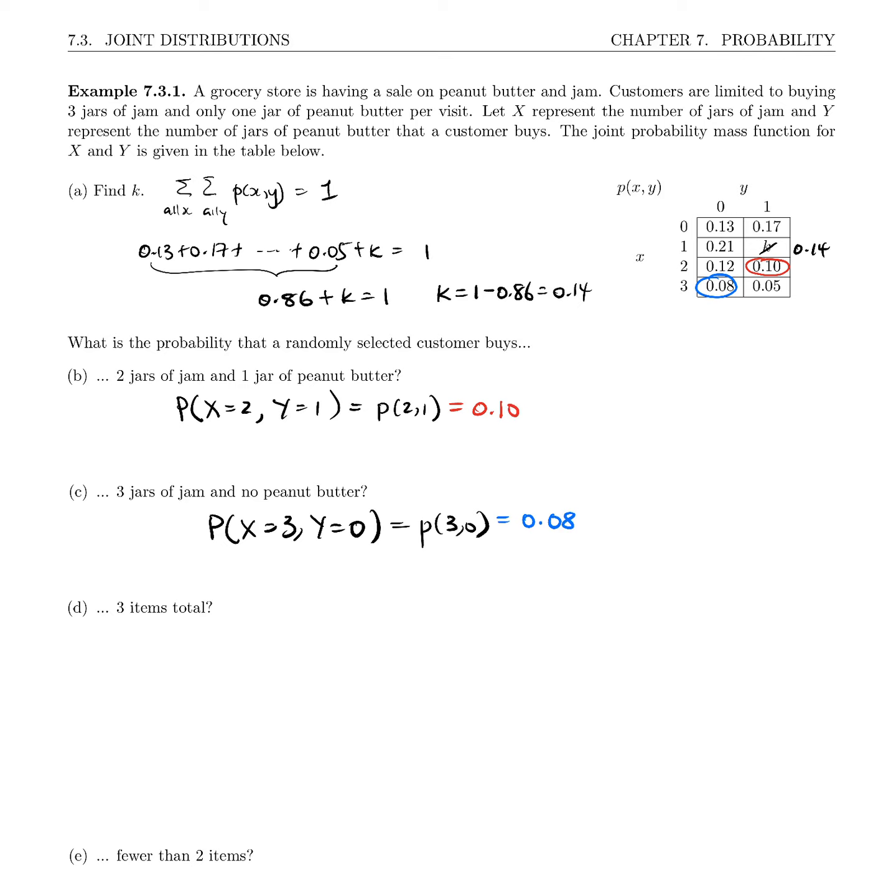Now, the next two questions are a little bit more involved. Not much, but just a little bit. What's the probability that a randomly selected customer buys 3 items total? So how do we write this in terms of X and Y? Well, that's the probability that X plus Y, that's our total, is equal to 3. In the last video, we saw an example of how sets A could be described in terms of equations of the random variables, and here's a perfect example.